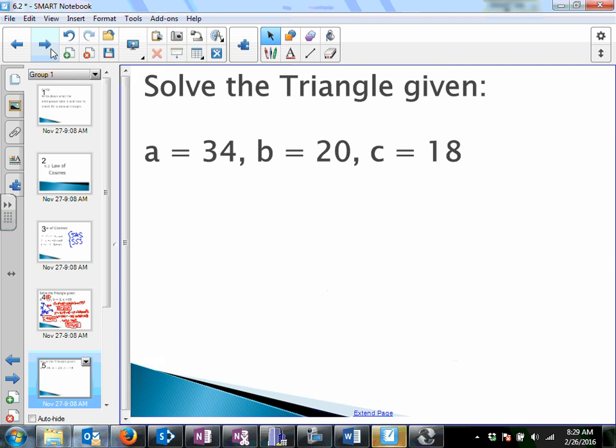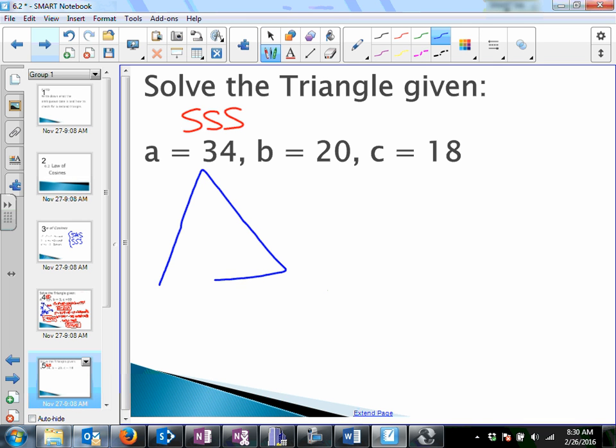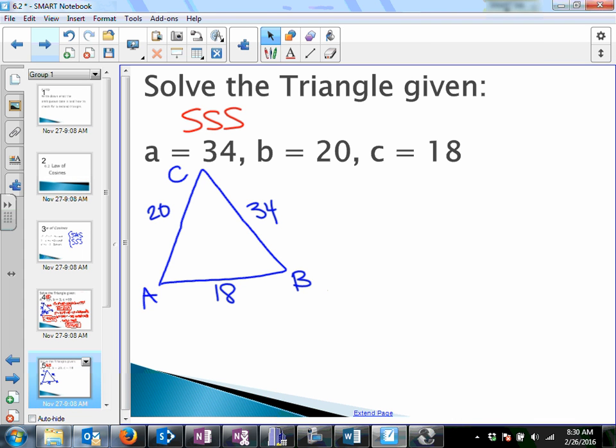All right, let's look at a side, side, side case. Here, without even drawing a triangle, we have three sides. Side A is 34, side B is 20, side C is 18. We need to find an angle, and it doesn't matter which one we choose first.